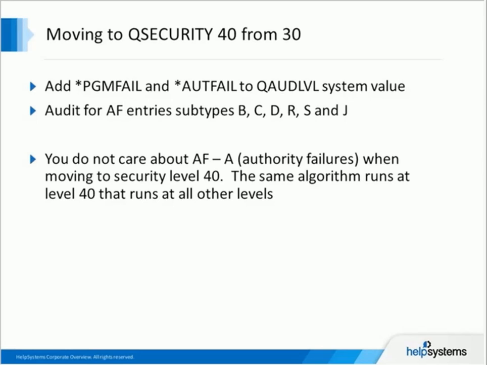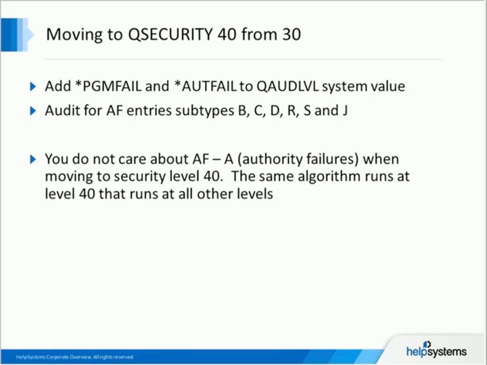That will ensure that if there are going to be any issues at level 40, that they can be detected before you go there. So once you have turned that on and let things run for a while, and when I say for a while, I mean especially over a month end, or if you have a quarter end that's coming up that has different processing, you would want to run it over that, just so that you know that the majority of your code has been exercised.